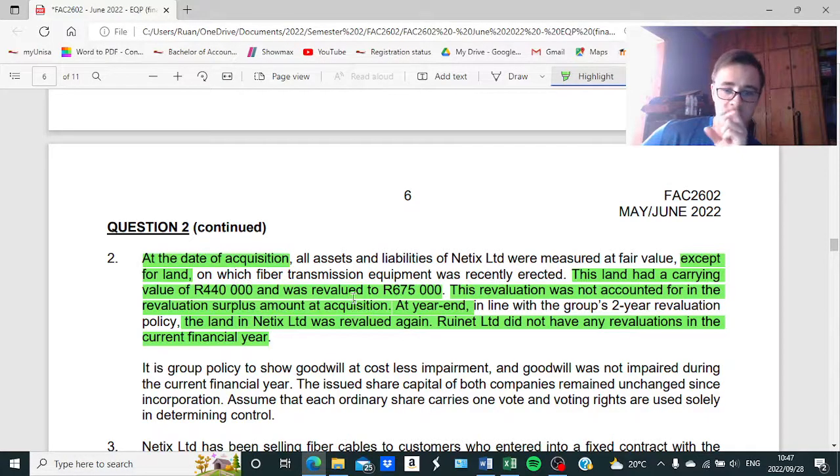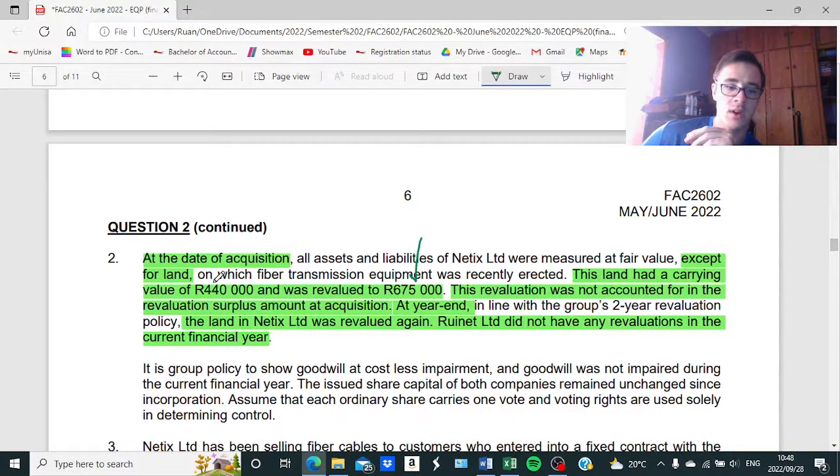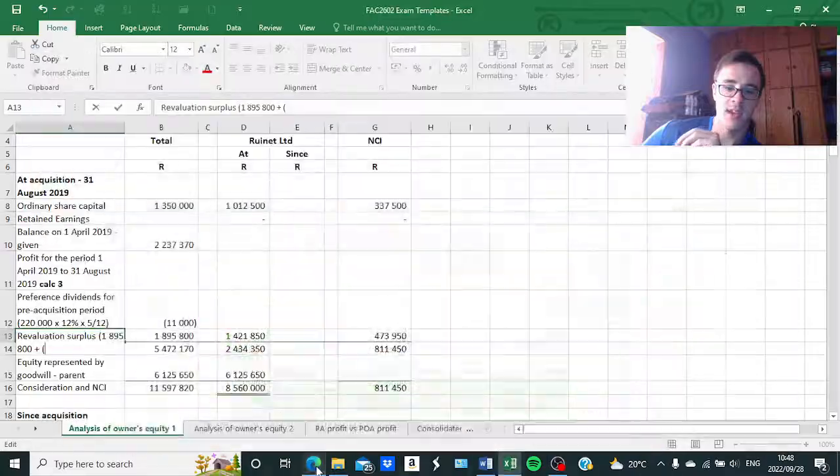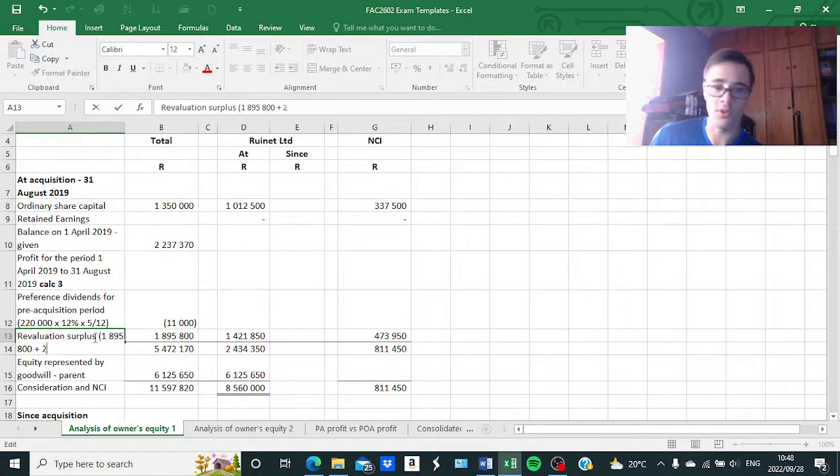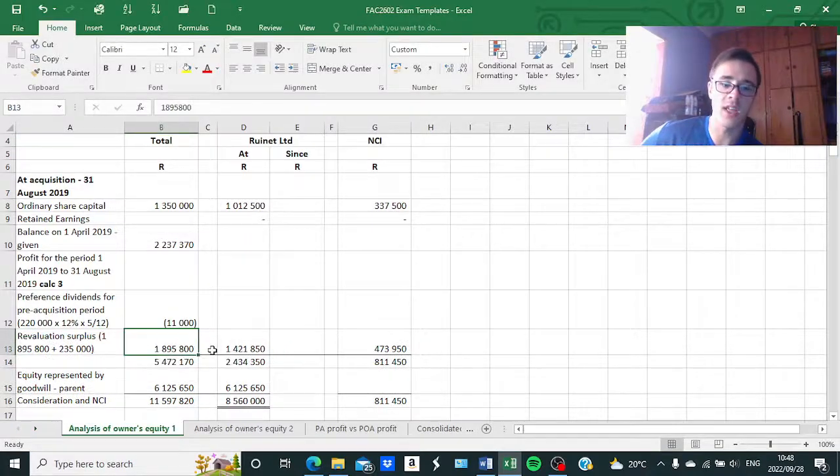So the revaluation surplus that occurred here would amount to 235,000. If you calculate the difference between 675 and 440, you should arrive at an amount of 235,000. Therefore we need to add the 235 to the revaluation surplus amount at acquisition, which will give you a total balance of 2,130,800.